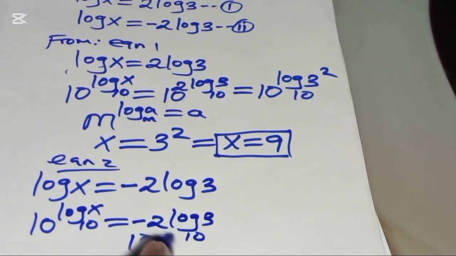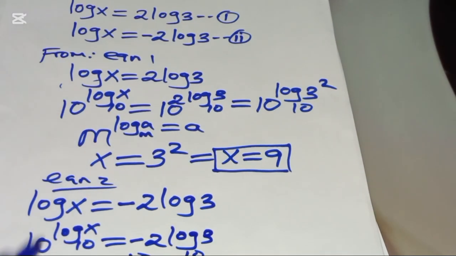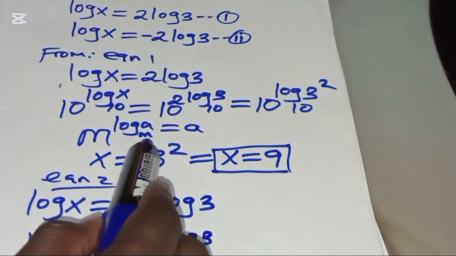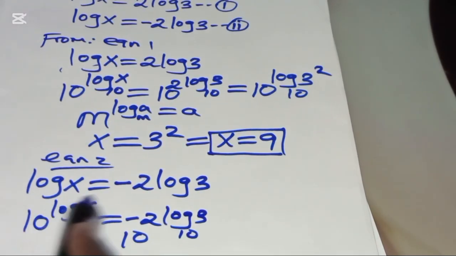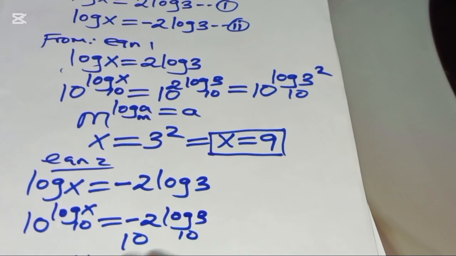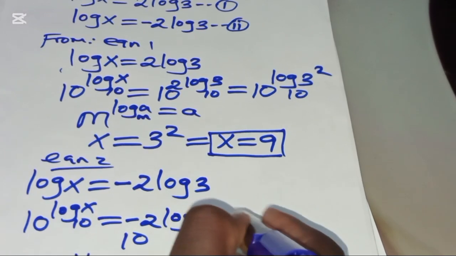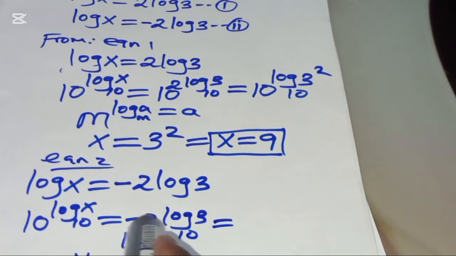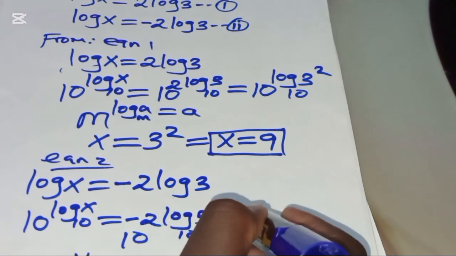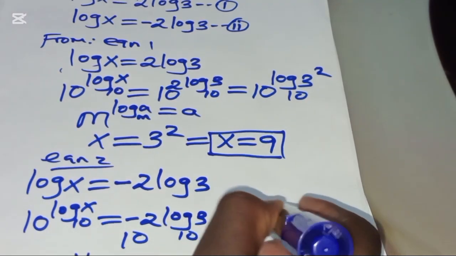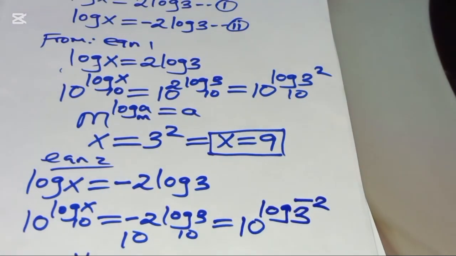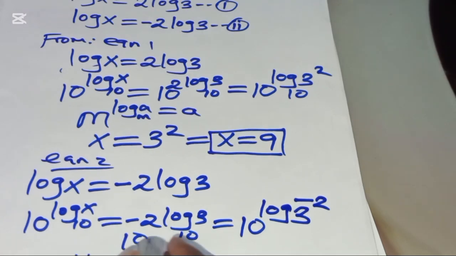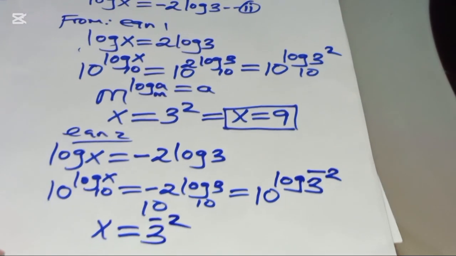Now applying the property m to power log a to base m, which gives us a, we'll have x equal to 10 to power log 3 raised to power -2, which is equal to 3 to power -2.